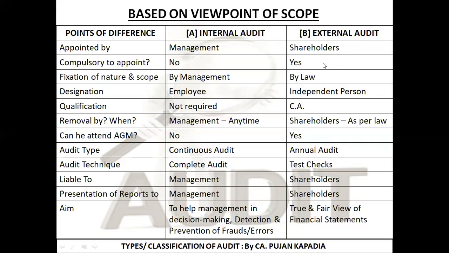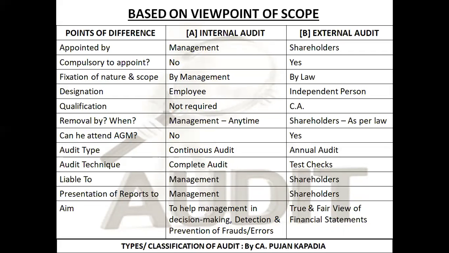But in case of external auditor, the auditor is appointed due to the requirement of any law, as a result of which he is bound by the scope which is mentioned in that particular act. For example, I am a company and I am appointing the external auditor under Companies Act 2013. So I need to check the provisions of Companies Act 2013 and follow the scope of work according to that particular act.